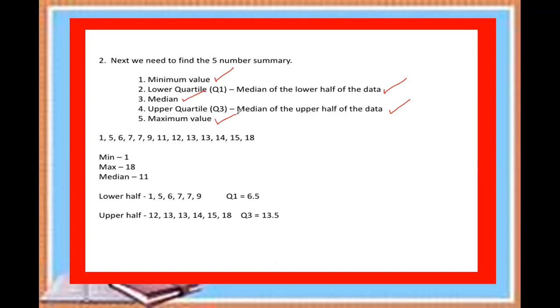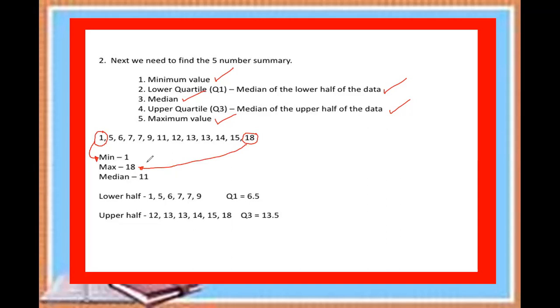The minimum value is the smallest in that set of data, so the minimum value is 1. And the maximum value is the biggest in that set of data, which is now 18.